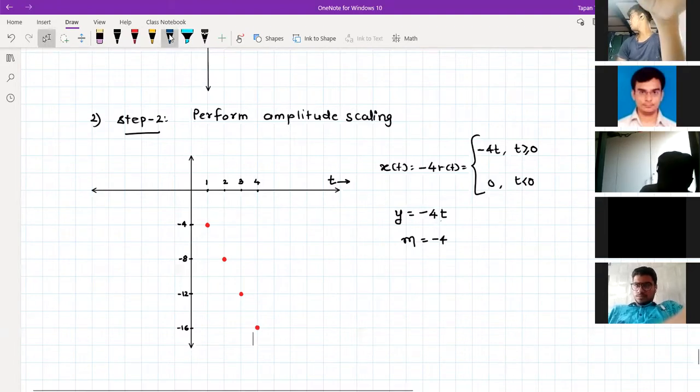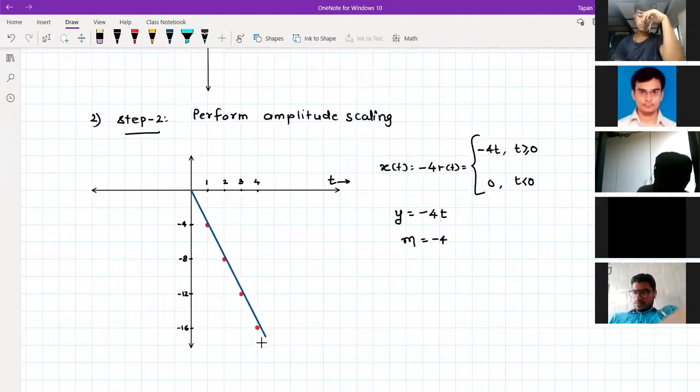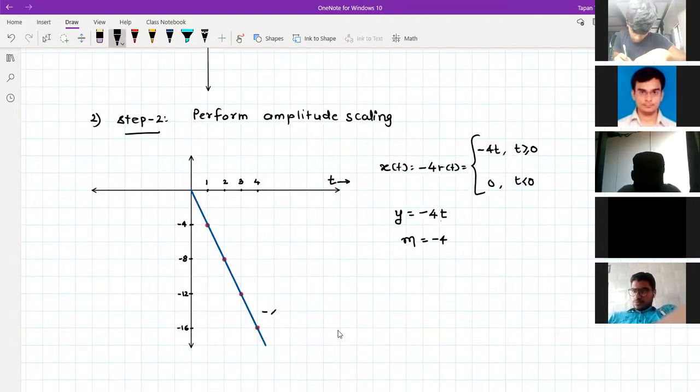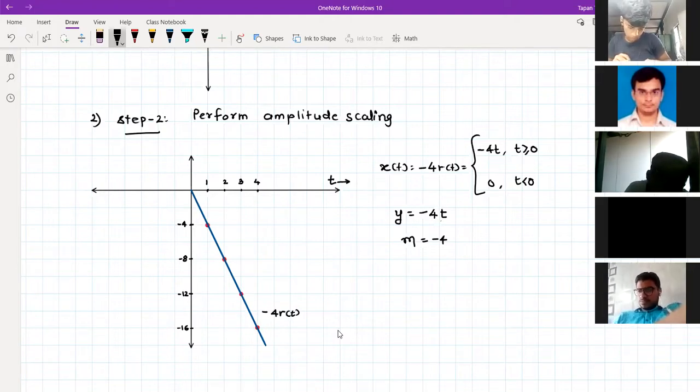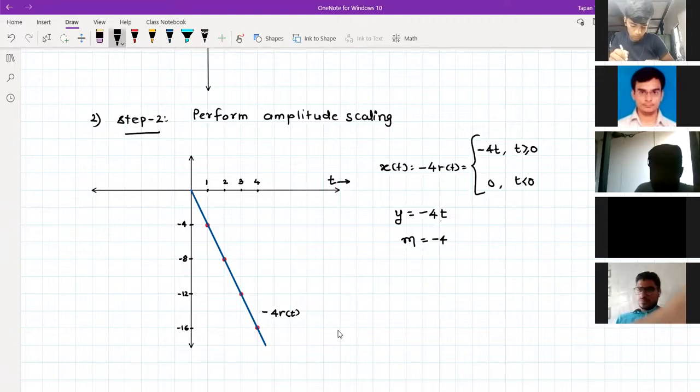So you should draw the final signal which passes through these points, and you call it minus 4 r of t. Understood? It is quite self-explanatory.